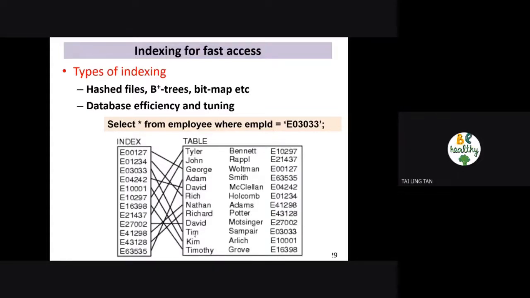This is the reason why we want to have indexing, and you need to think about which tables you need to index, because indexing also requires a lot of processing to keep updating the index. Okay, next one.